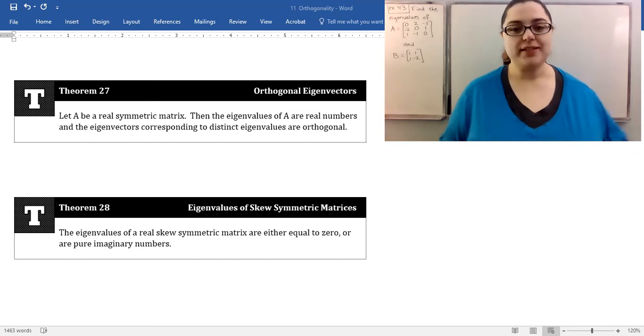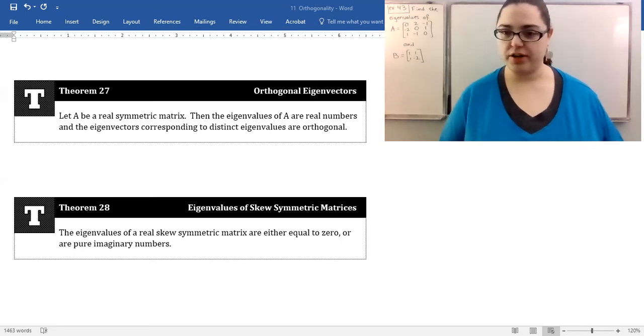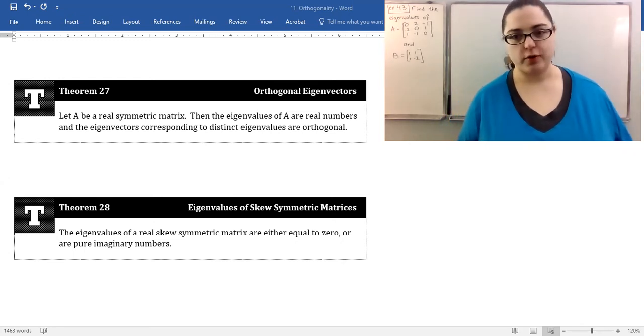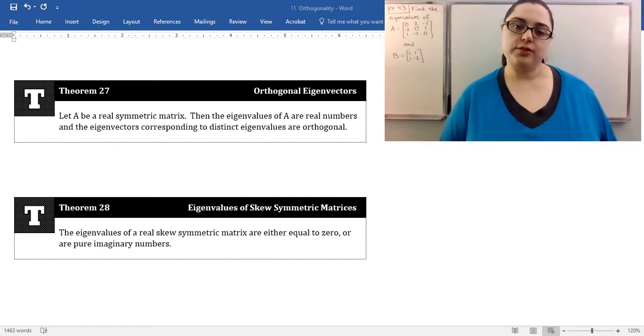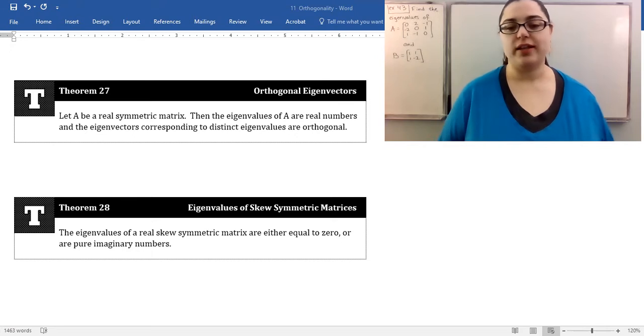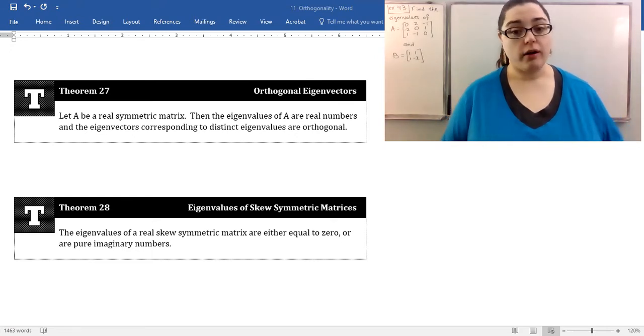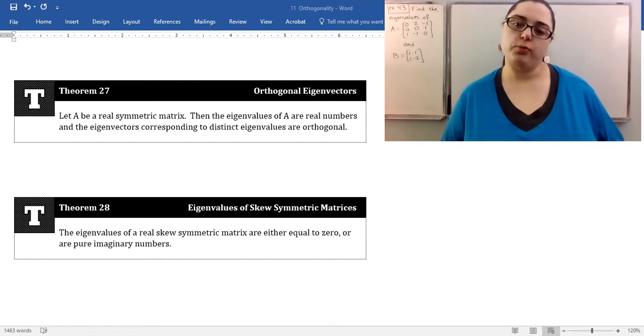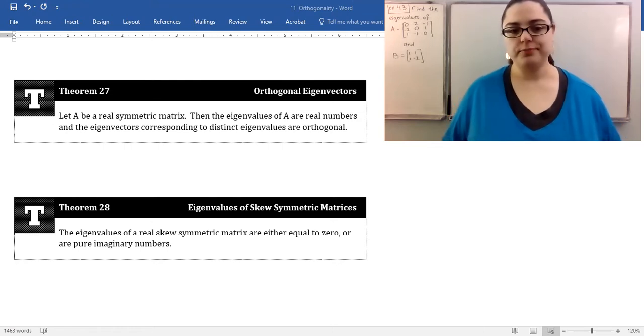So if you have a symmetric matrix, when you go to find the eigenvalues, you're not going to get any complex numbers that have imaginary components. You're just going to get real values. If you have a skew symmetric matrix, the opposite happens. The eigenvalues are going to either be 0 or purely imaginary. So they're going to be complex numbers that have no real part unless they're 0. That's what theorem 28 is saying.